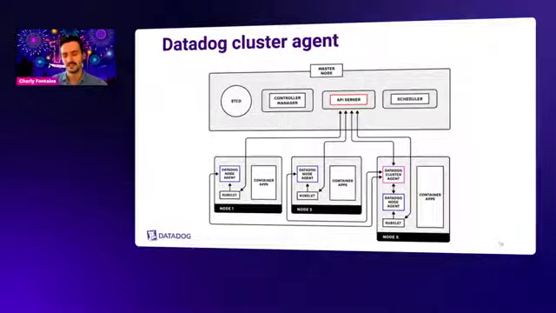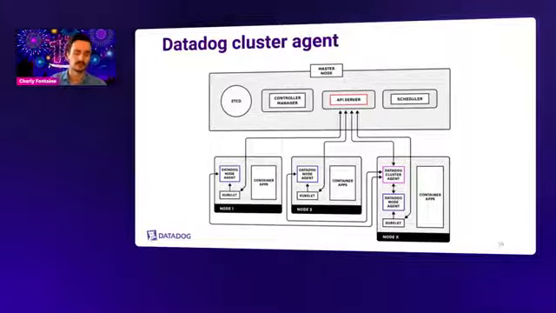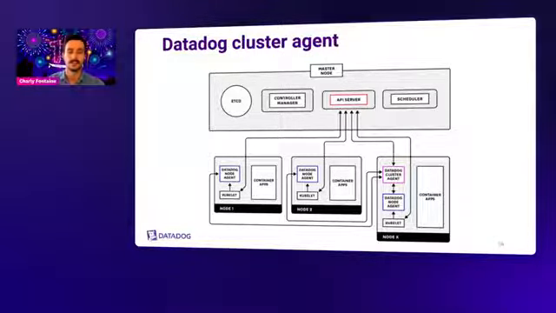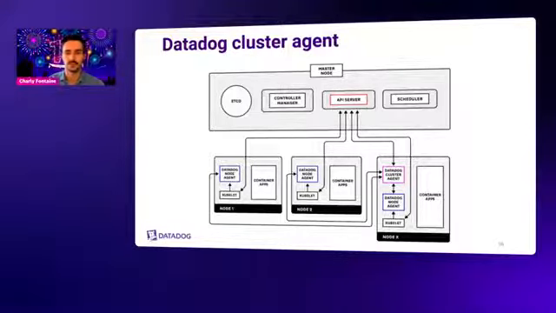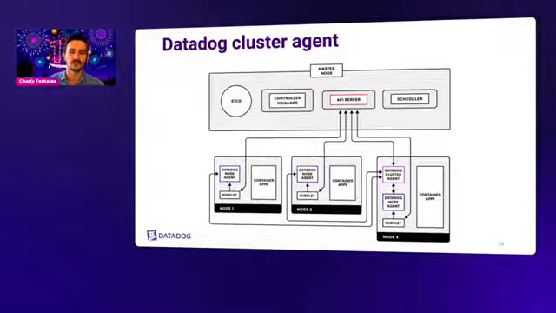Yeah, so as you pointed out, if you want to collect cluster level metadata that's not available on the node itself, you will quickly hit a bottleneck if you have all of your agents query the API server. And so a few years back, we introduced a new component that we called the Datadog cluster agent.